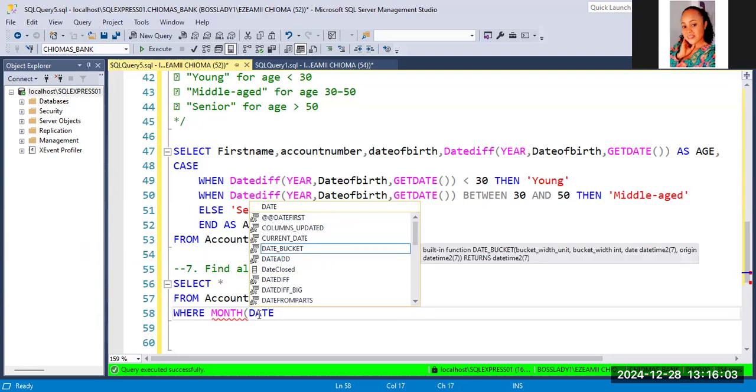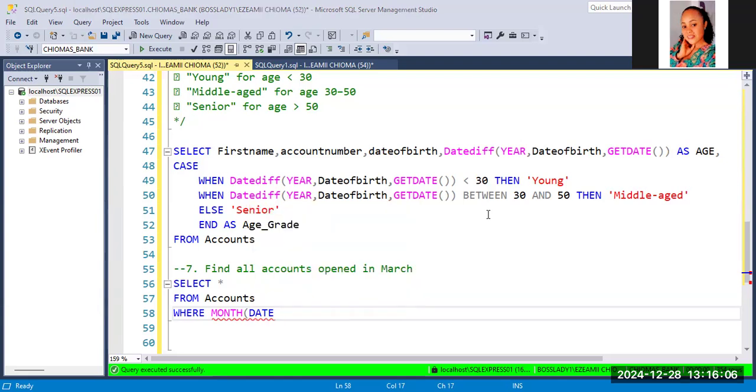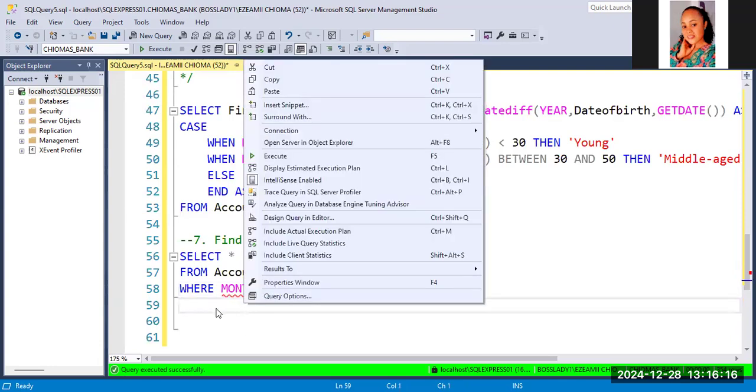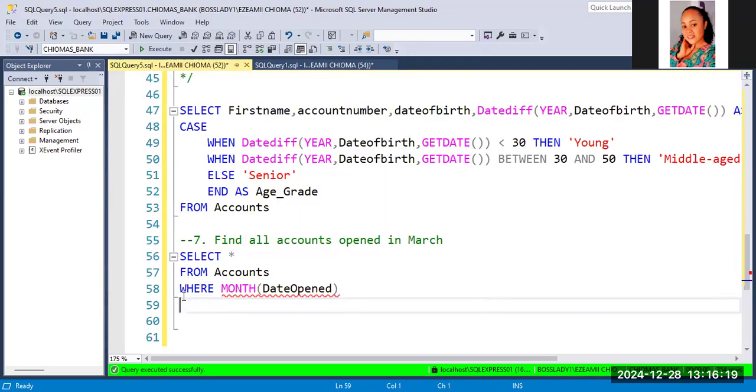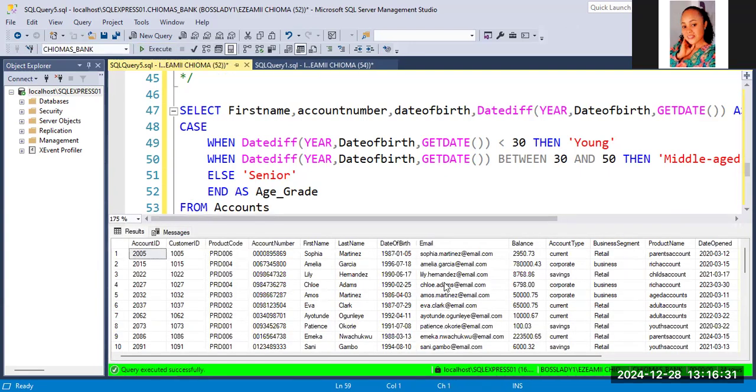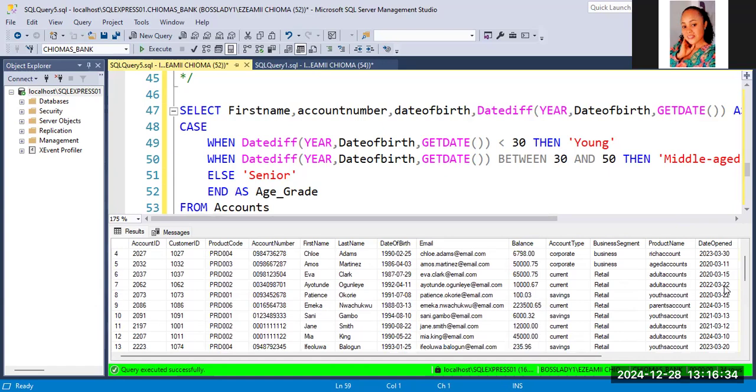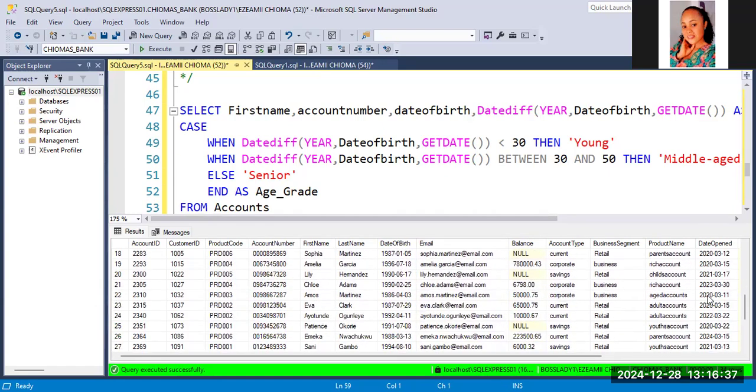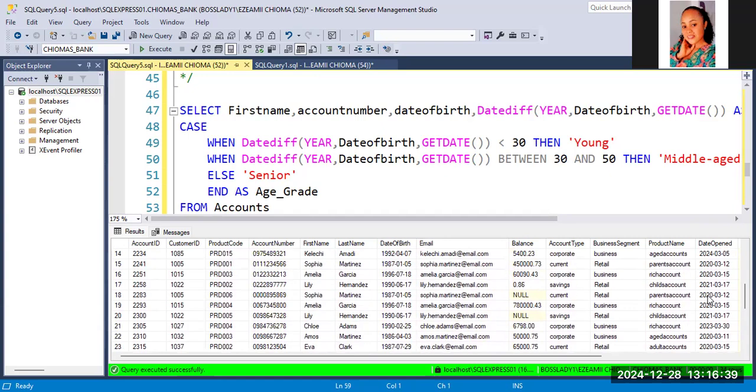So that's date opened. Date opened is equal to, sorry, is equals to third. That's March. So this is the most efficient way to do that. If you look at the dates opened now, you will see all the accounts were opened in March.